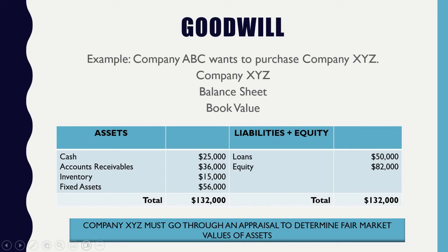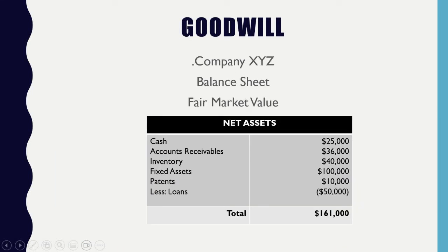That means company XYZ must go through an appraisal process to get the fair market value of their fixed assets. Now we know what they have on their books, what they've been recording for their company. So let's see what happens when we actually go through the appraisal process and determine the fair market value.